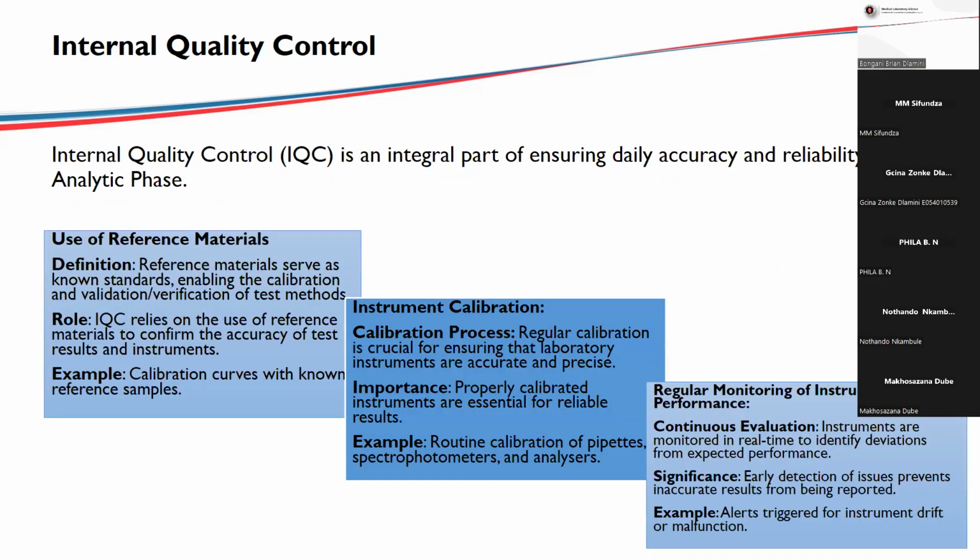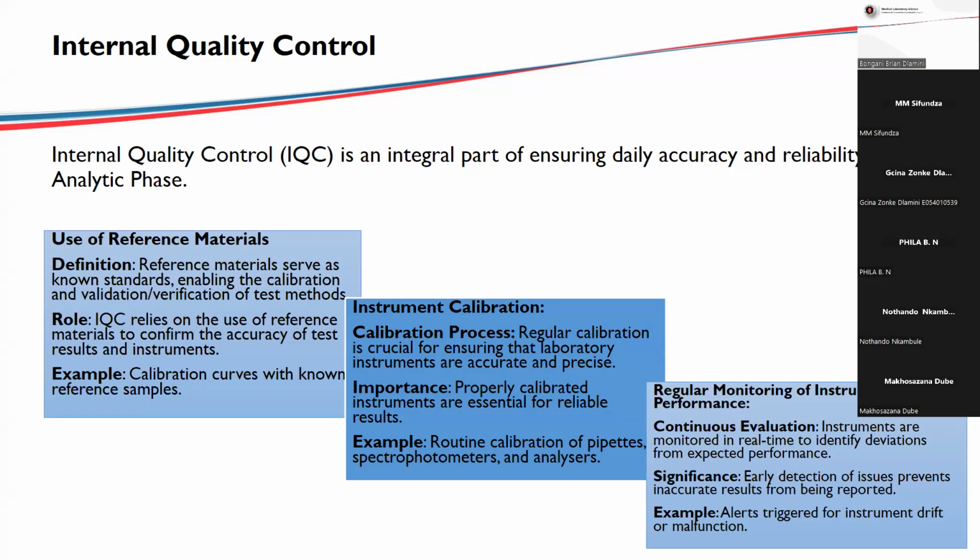So internal quality control is a very important one in ensuring daily accuracy and reliability of the analytical phase. Mainly in our laboratories, we use reference materials that come in the form of controls of maybe 3 levels, low, medium, and high, which are commercially prepared. These reference materials serve as known standards, enabling the calibration and verification of the test methods.